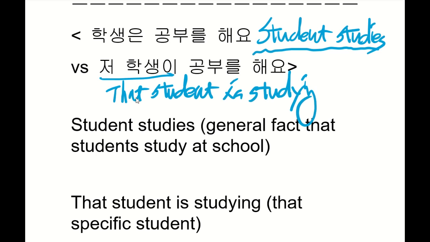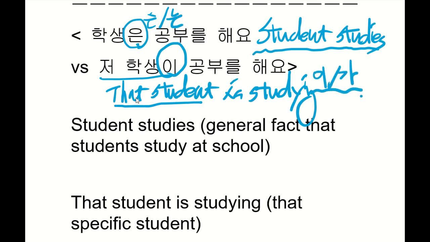In this case, 이 is used again, because we are interested in that student particularly. But when it's about a general fact about the student, that's 은는, topic marking particle. And this one, 이가, once again, subject marking particle.